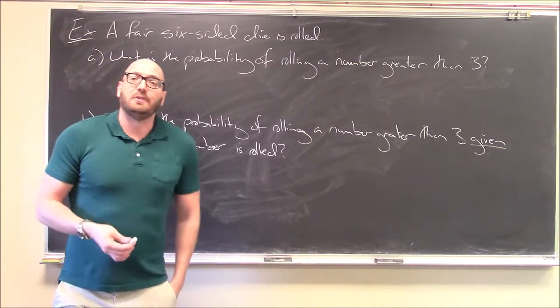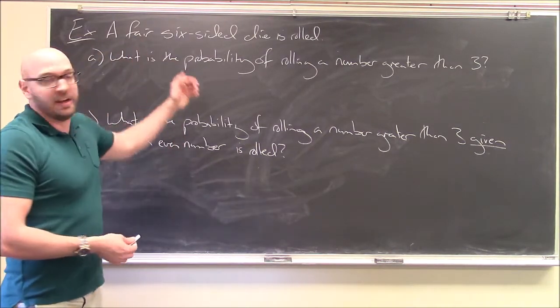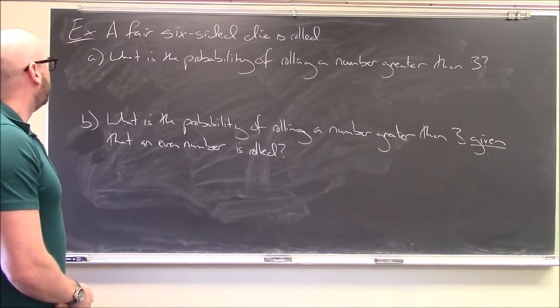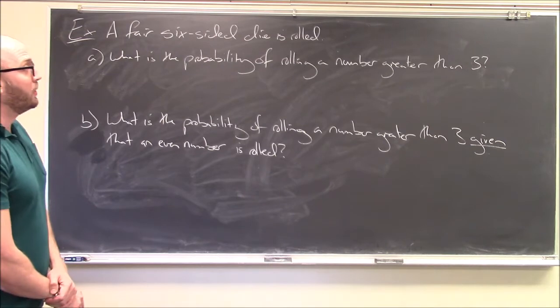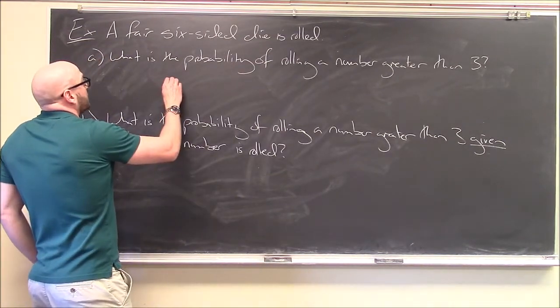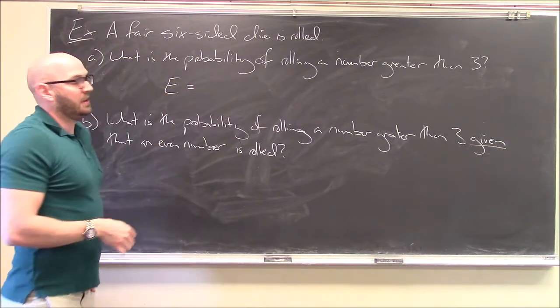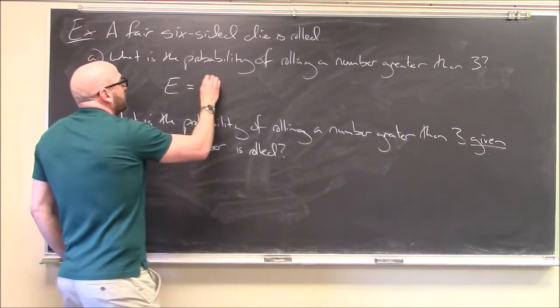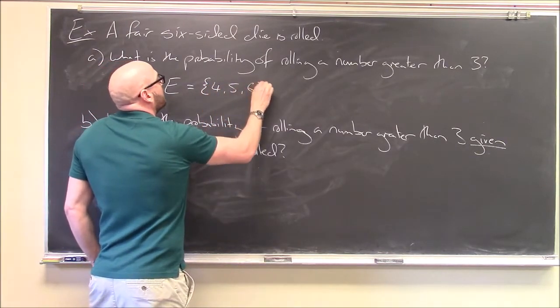So we'll come back to our favorite experiment, just rolling a fair 6-sided die. And the first question I have here is actually not conditional at all, it's just what's the probability of rolling a number greater than 3. So this is what we've been doing over the last couple of sections. Let's call this event E, the event of rolling a number greater than 3. So of course we've got 4, 5, or 6.